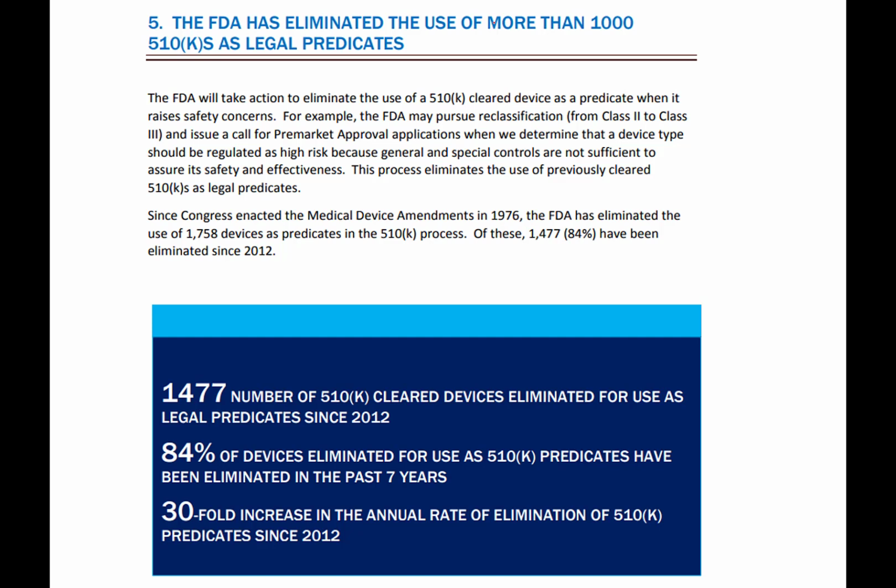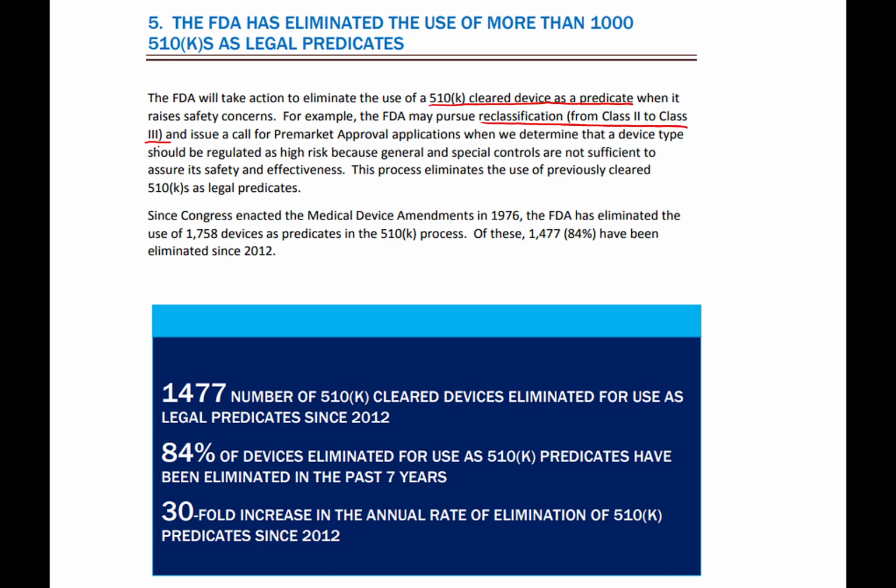And so the FDA was taking action to eliminate the use of 510K cleared devices as a predicate when it raises safety concerns, and then pursue reclassification from Class 2 to Class 3, and then issue a call for pre-market approval applications, or PMAs. That's what happened with the metal-on-metal hip implants.